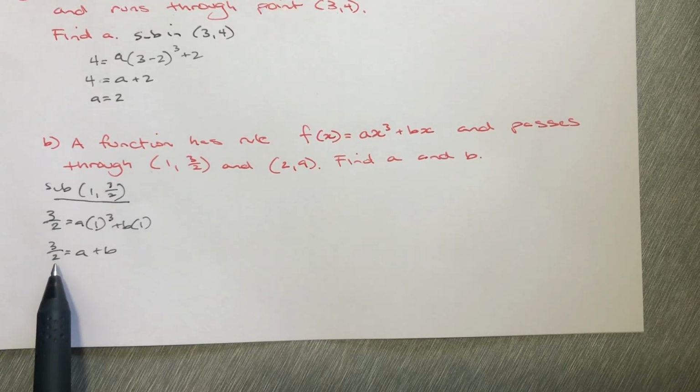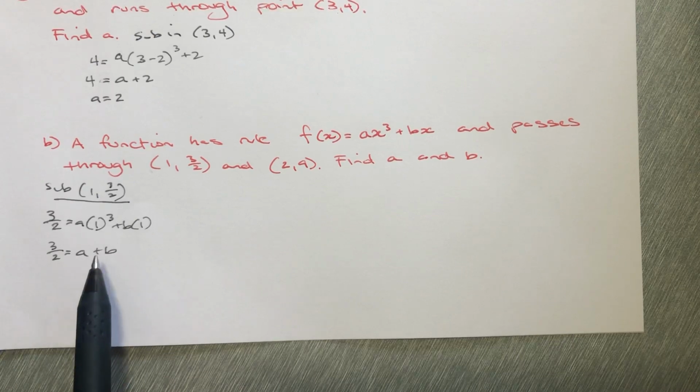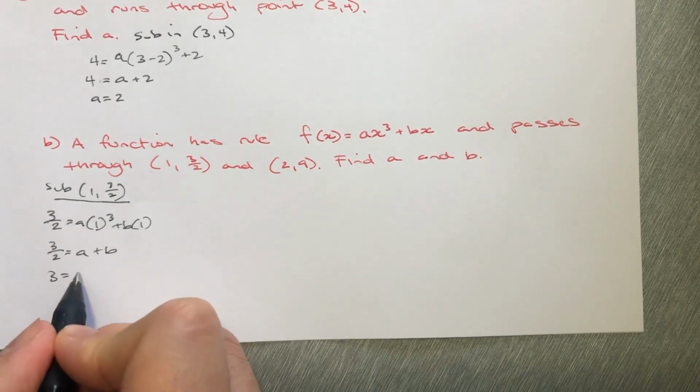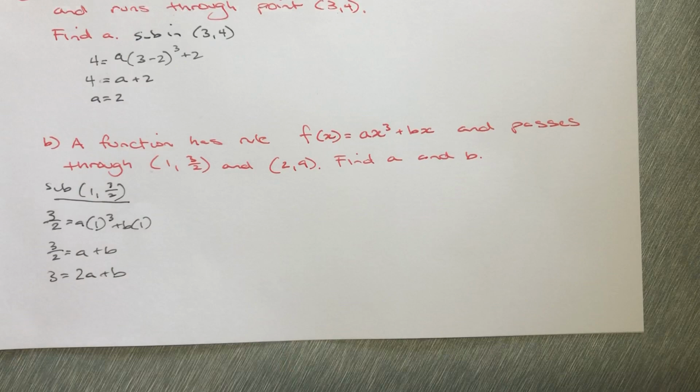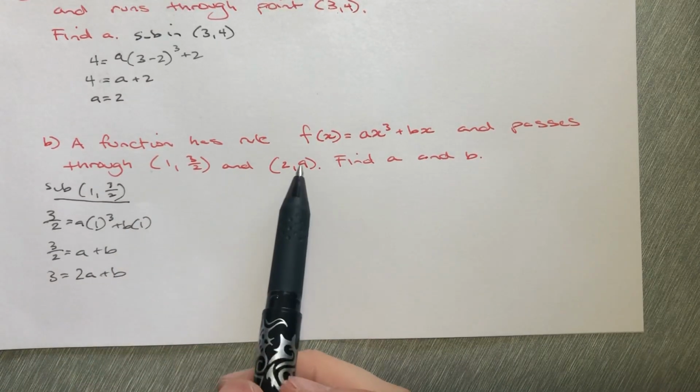Don't like having that fraction there, so I'm going to times it by 2. If I have to times this side by 2, I also have to do the same on the other side. Okay, so there's one rule that we have using that point. Let's use the other point now.